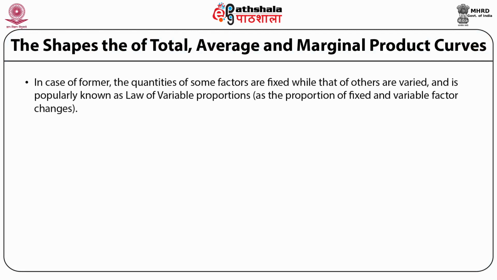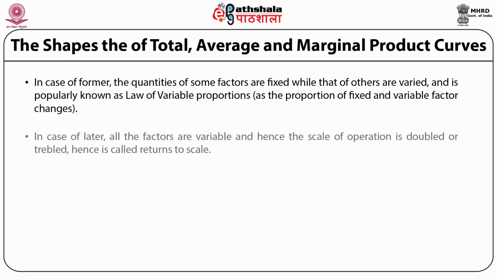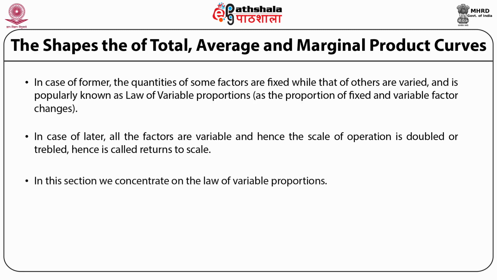In case of the former, the quantities of some factors are fixed while that of others are varied, and it is popularly known as the law of variable proportion, as the proportion of fixed and variable factor changes. In case of the latter, all the factors are variable and hence the scale of operation is doubled or tripled, hence it is called returns to scale. In this section, we concentrate on the law of variable proportion.